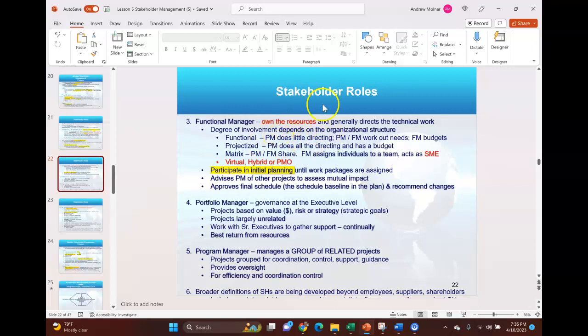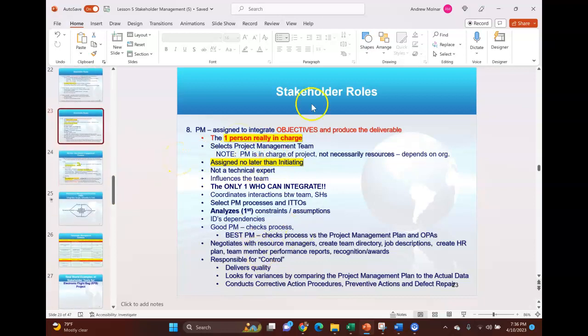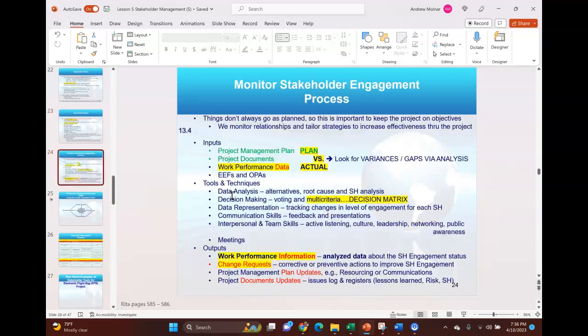They normally own your experts, the resource experts. Your portfolio office may be a stakeholder, or will be, not may, and maybe a program manager that you are working for as well. And of course, the project manager themselves, they are a really central stakeholder. So keep that in mind. This is all about you, what you're about.